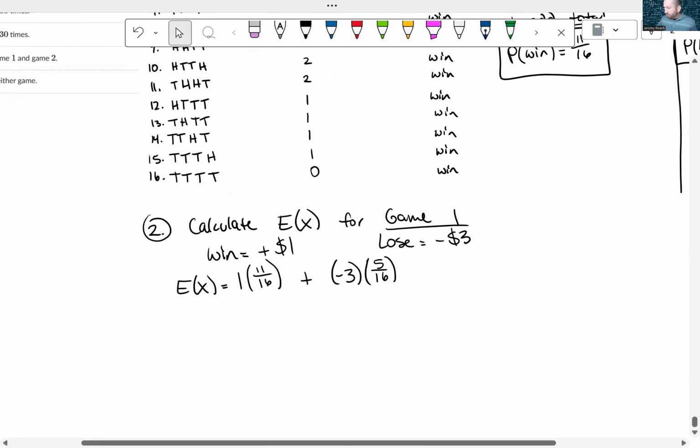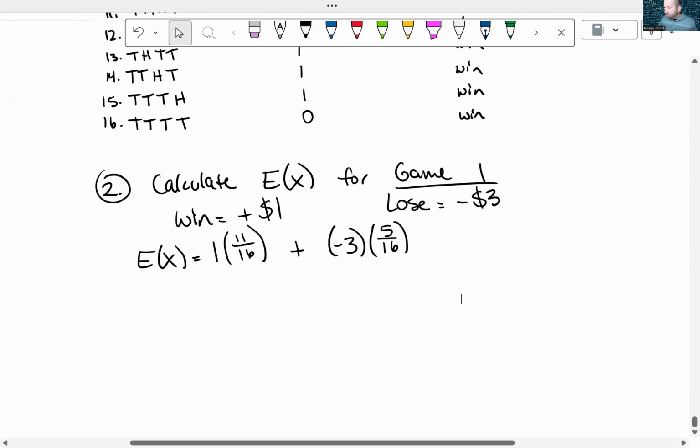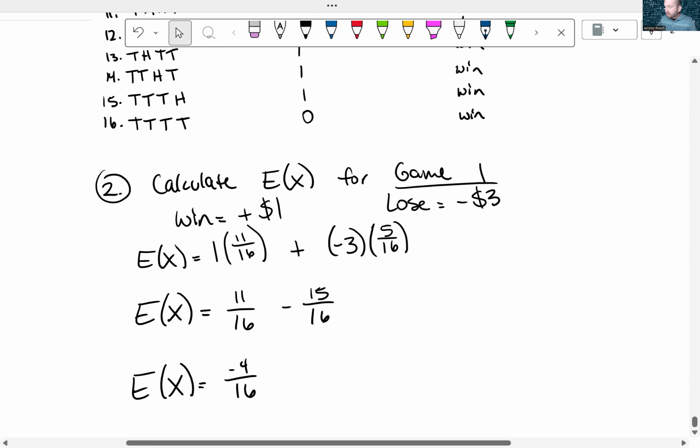Okay, so now we've got those probabilities. We can zoom in a little bit more to find out our expected value for game number one. So this is 11 over 16 minus 15 over 16. And here we get a negative value, so that's negative 4 over 16.